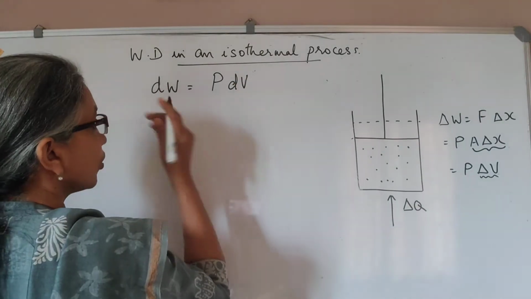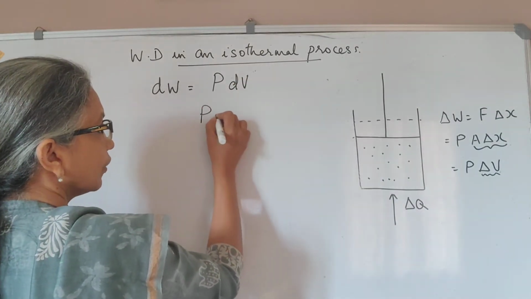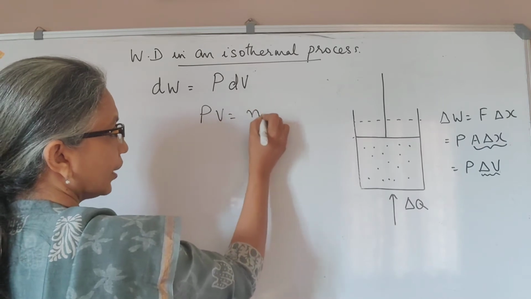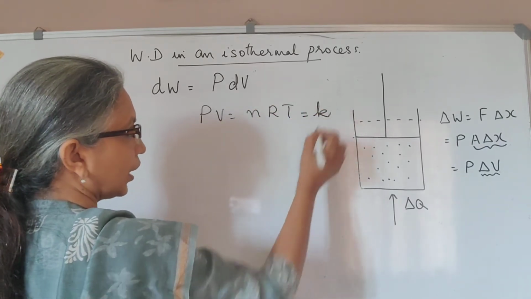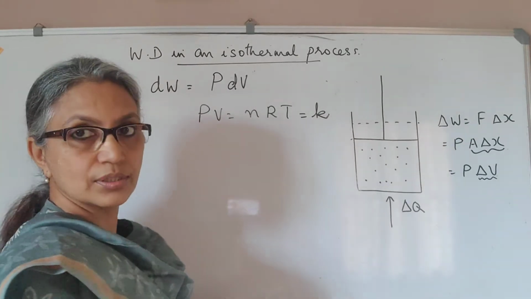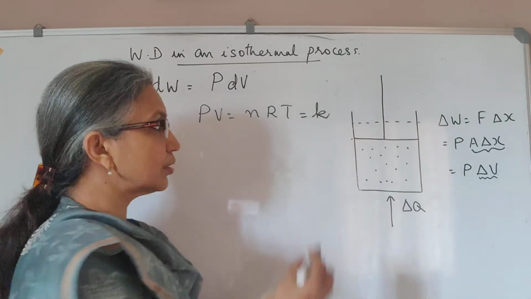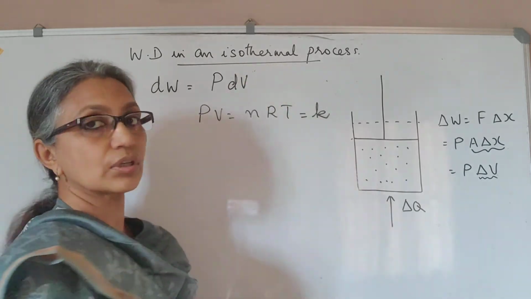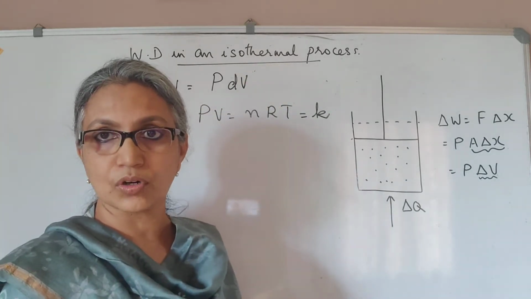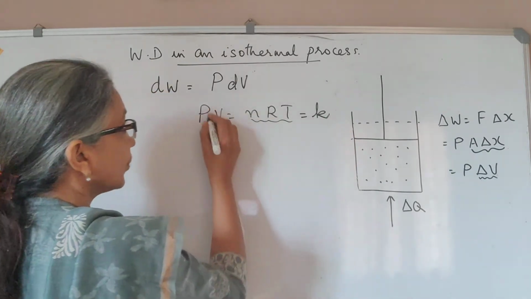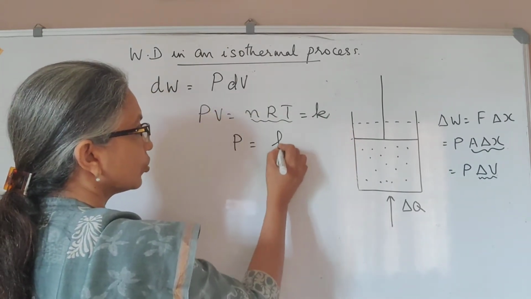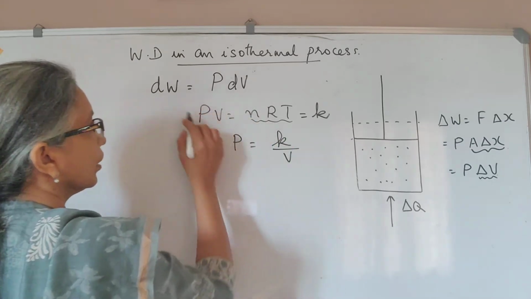Now for an isothermal process, PV equal to nRT, you may say this is equal to a constant K, because number of moles is constant, R is the universal gas constant, and T is constant because it is an isothermal process. I told you temperature is kept a constant. So this whole thing I have taken as a constant K. Or I may write P is equal to K by V from here.